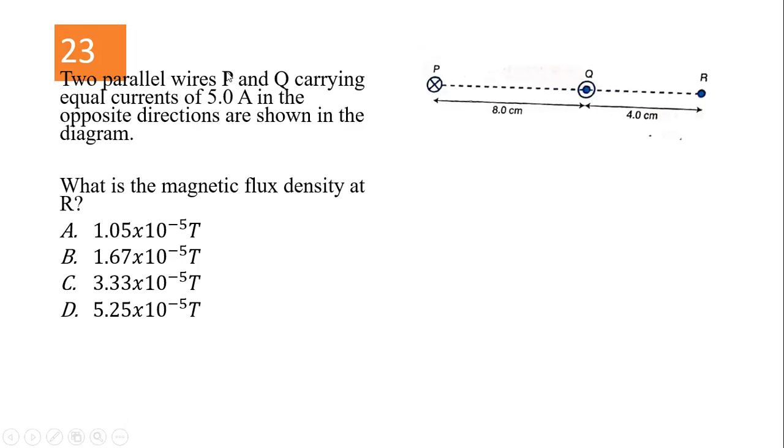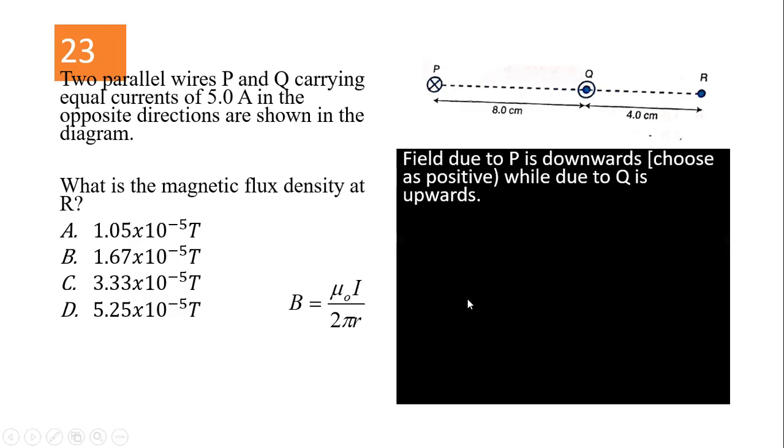Two parallel wires P and Q carrying equal current of 5 ampere in opposite directions are shown in the diagram. What is the magnetic flux density at R? Essentially, memorize this formula. Due to P, remember P is going in, so use your right hand, the right hand curl rule.